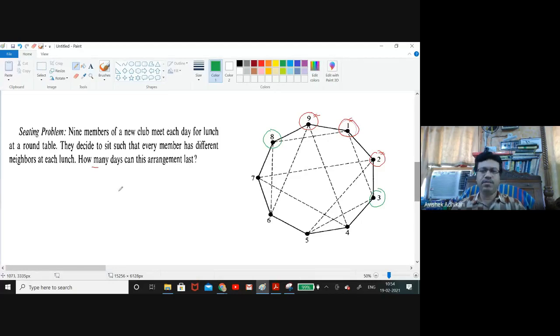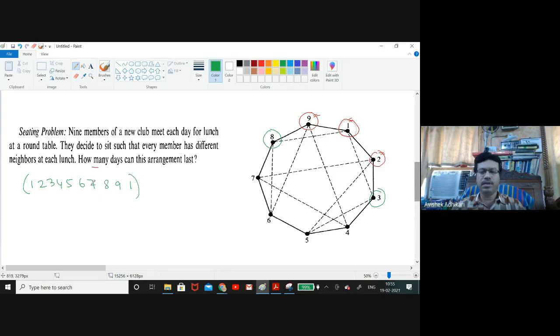So maybe for the first day arrangement, you can think like that. Once 1 is there, his neighbors are 2 and 9. So you need to give a kind of arrangement. For example, this is one arrangement: 1, 2, 3, 4, 5, 6, 7, 8, 9, and then 1 again.